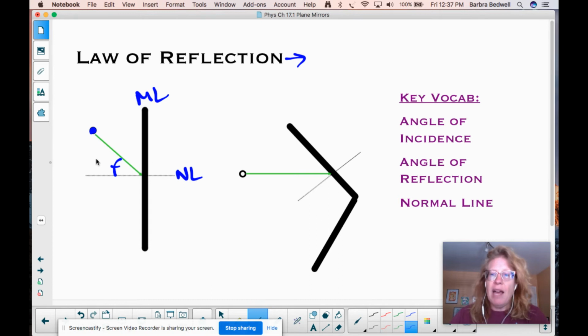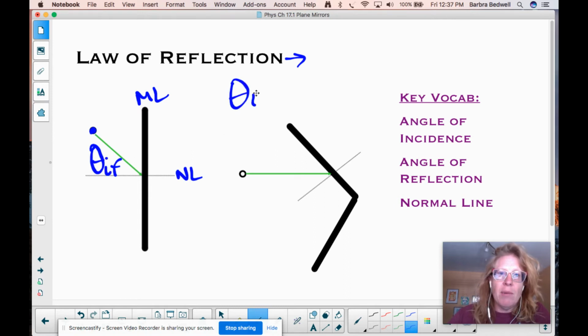To abbreviate this, just like in math class, we're going to use the Greek letter theta, which is like a skinny O with a belt across the middle, to indicate our angles. Because this is the incident ray, we're going to use the abbreviation theta i, theta with a lowercase i next to it. This means incident angle.